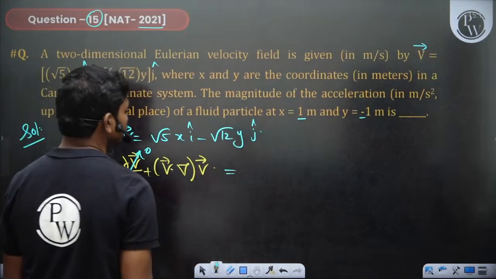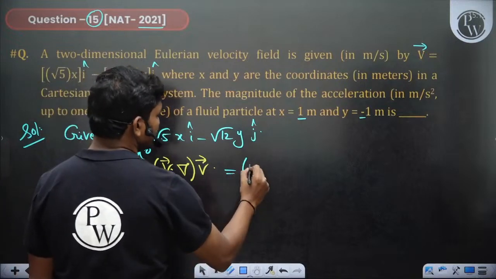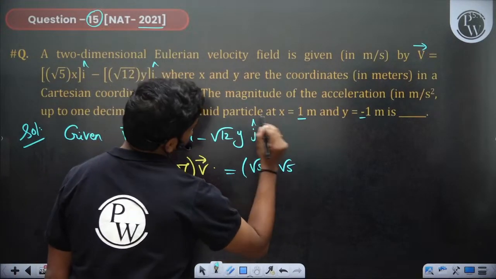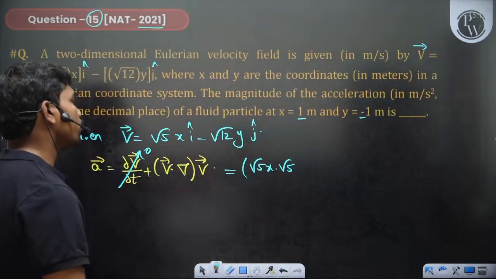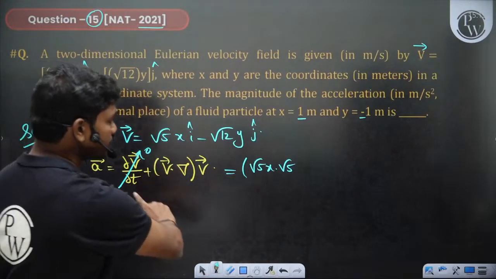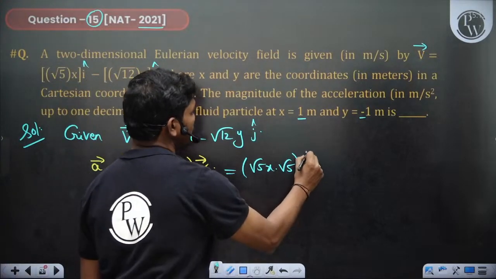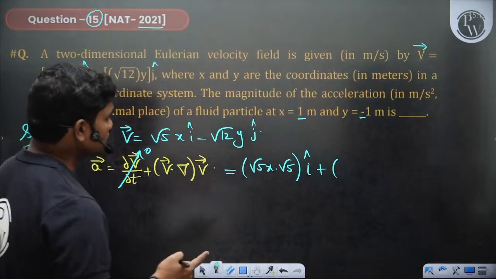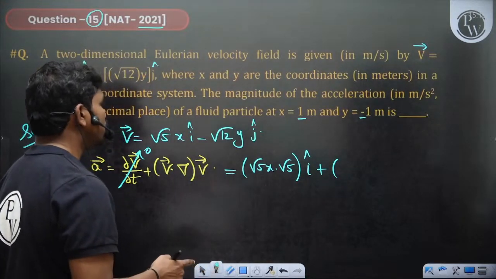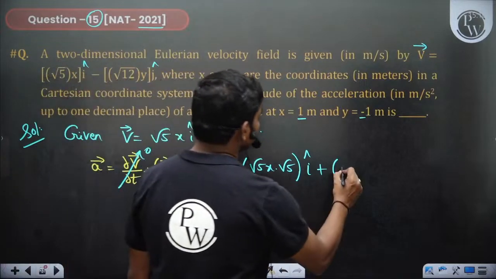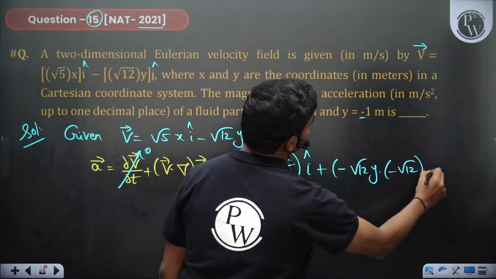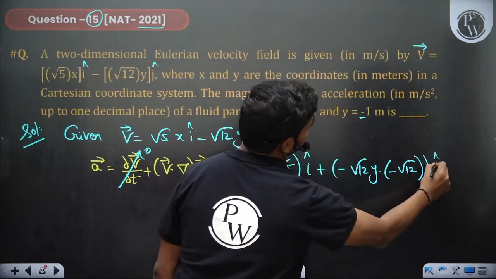So this gives you (v · del) v, so u into ∂u/∂x, ∂u/∂y, and ∂u/∂z is 0, so this is the i cap component. Similarly, the j component of acceleration is u into ∂v/∂x plus v into ∂v/∂y, and that's all. It's 2D.